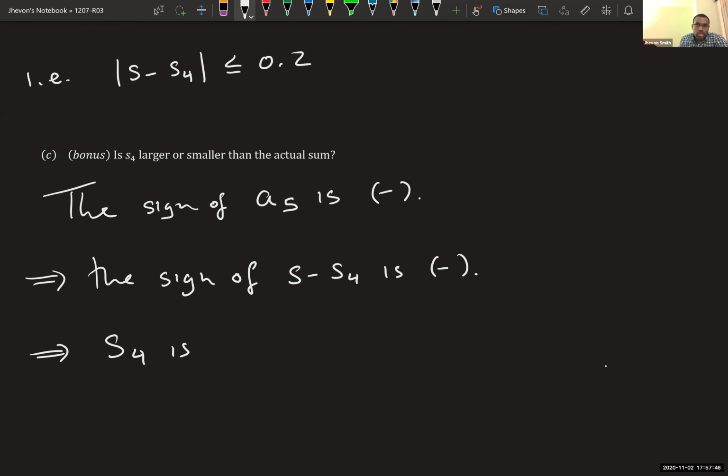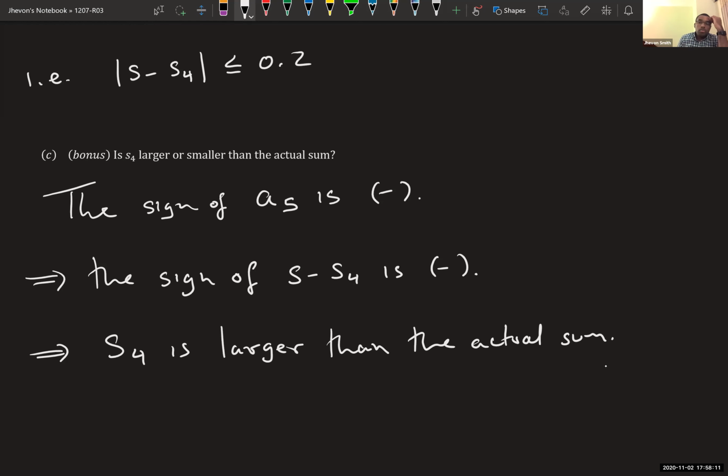Larger. It's larger, because if you take the actual sum minus the sum of the first four terms, you get a negative number, which means you take a smaller number and subtract a larger number. So S4 is larger than the actual sum.